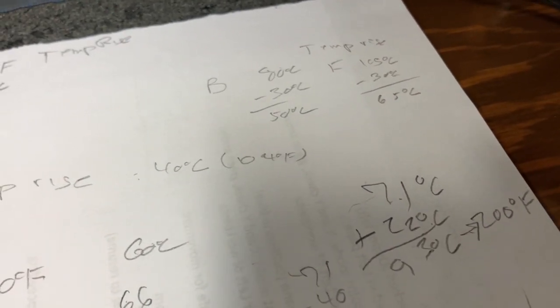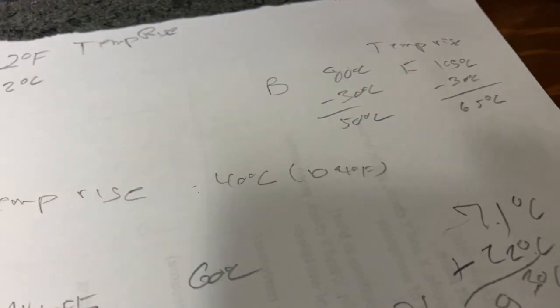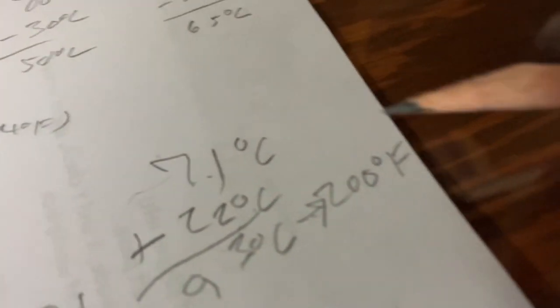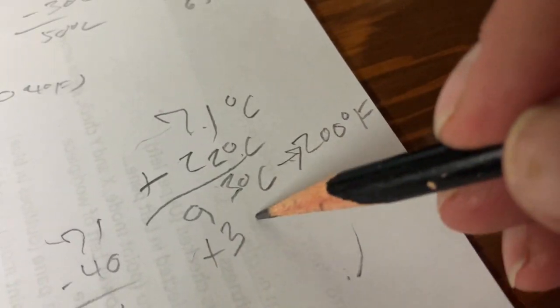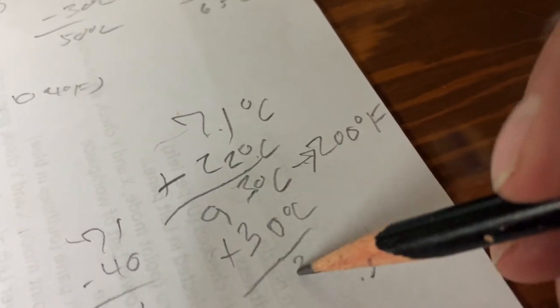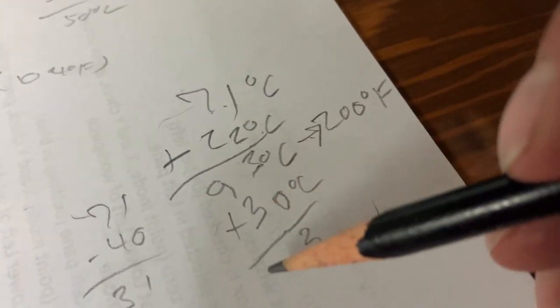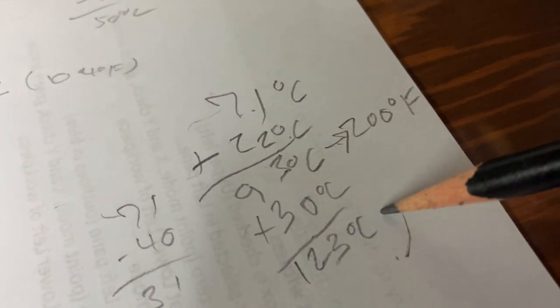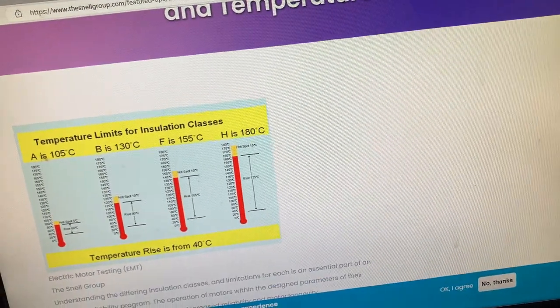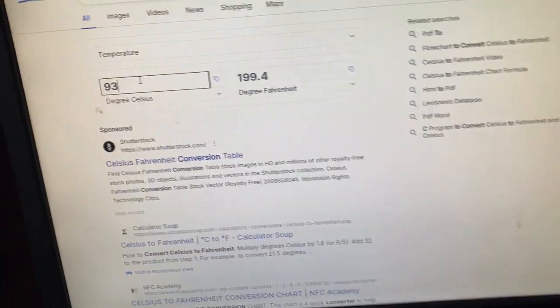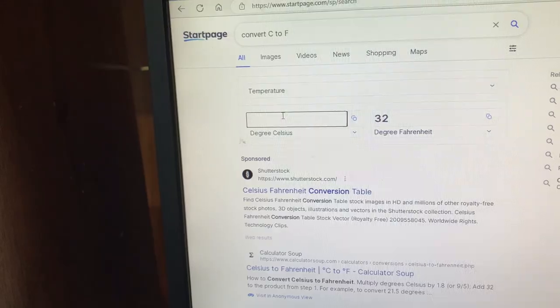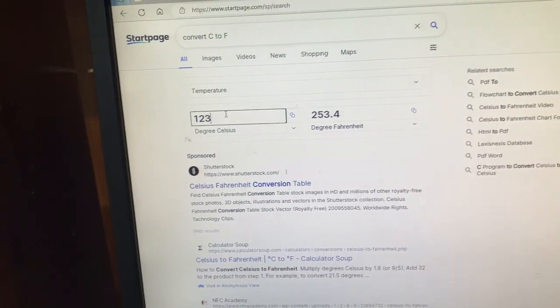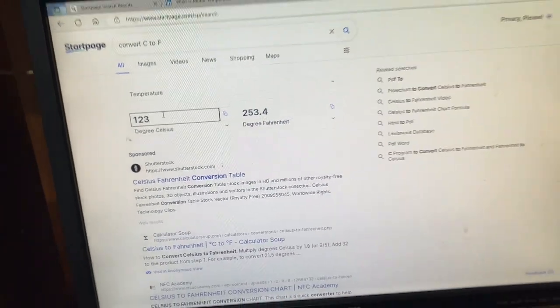So even if we added another 30 degrees, they said, for internal temperature, let's do that. 93 plus 30 degrees. I read that somewhere. So it's 123 degrees C, which would give us 253 degrees Fahrenheit.